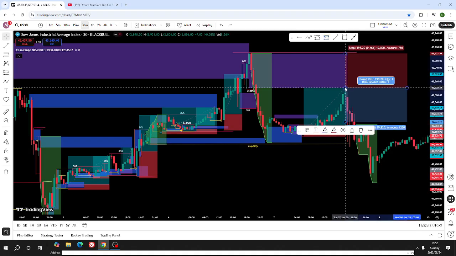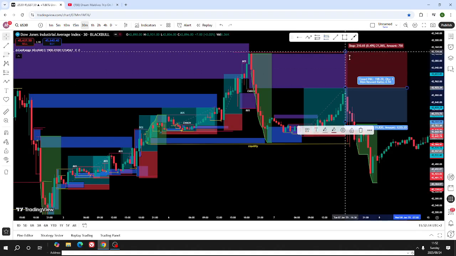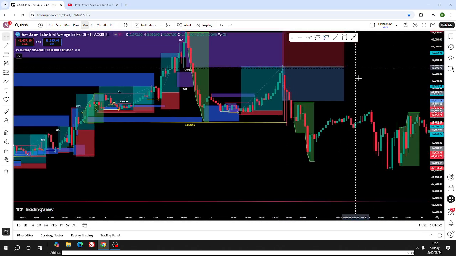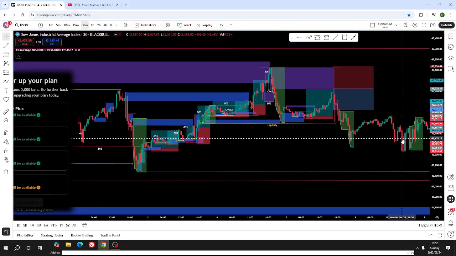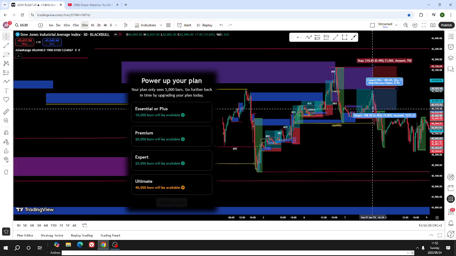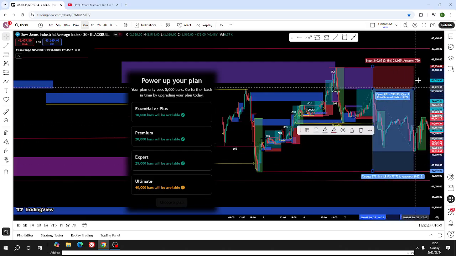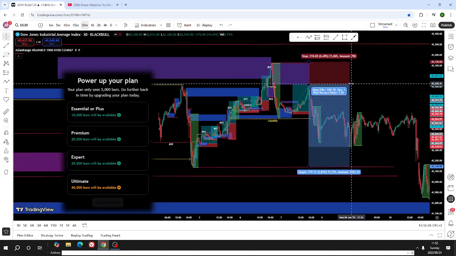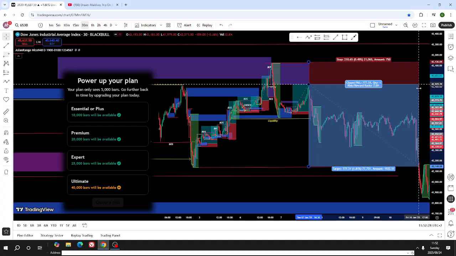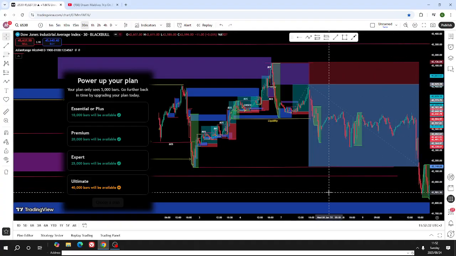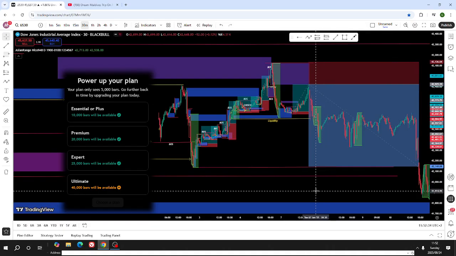I just want us to buy, with the stop loss below there. It's okay, let's just buy, and then take a look at where we take profit. You see that this is 1 to 3. This is exactly 1 to 3. So you hold, let the market hold. This is exactly 1 to 3.